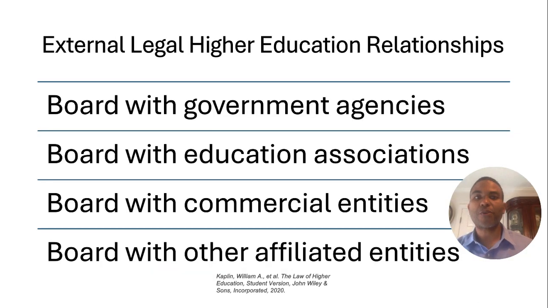In terms of external relationships, the board has relationships with a variety of entities, including government agencies, education associations like accrediting bodies, also commercial entities. So again, may have relationships with vendors and other affiliated entities, things like the American Association of University Professors, things like that. So there's a lot of other relationships the board may have.